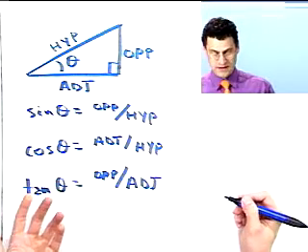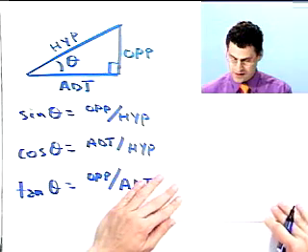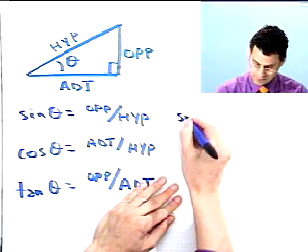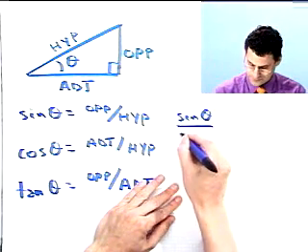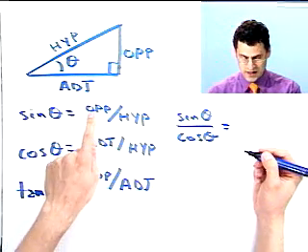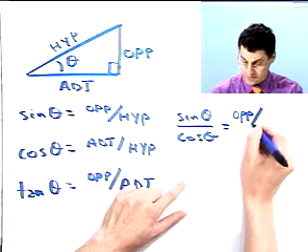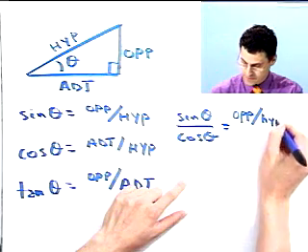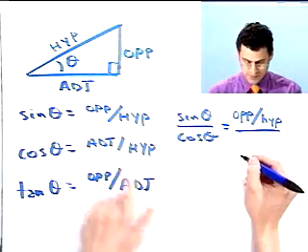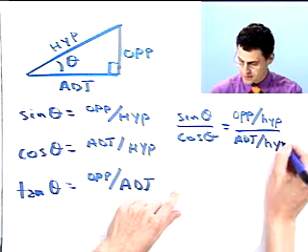So one thing we can see is, what would happen if I took sine and put it over cosine? What would this equal? Well, sine is opposite over hypotenuse, and cosine is adjacent over hypotenuse.